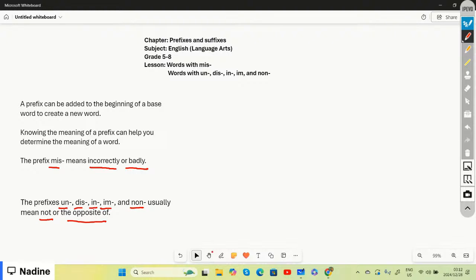All right. So now if we look at an example of our prefix mis, and if we look at a few words with the prefix mis, I'm going to start with the word misbehave.